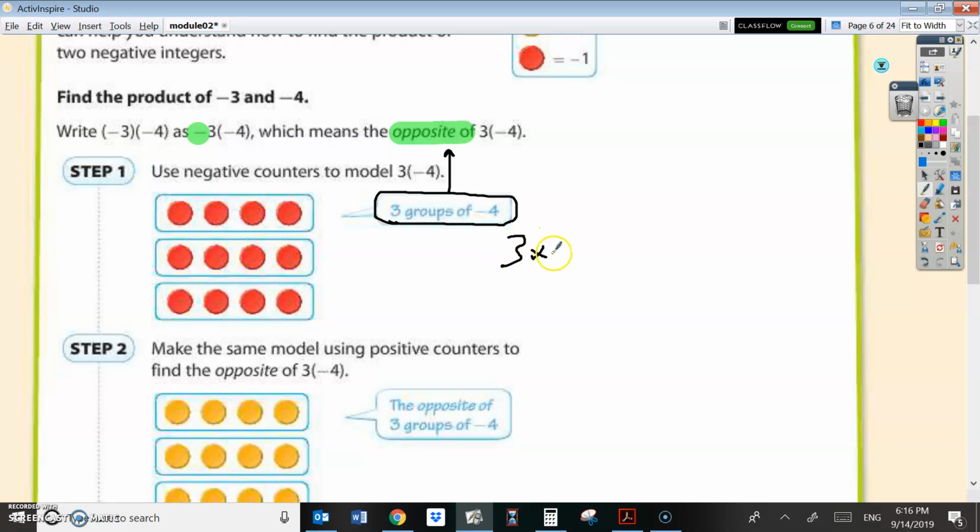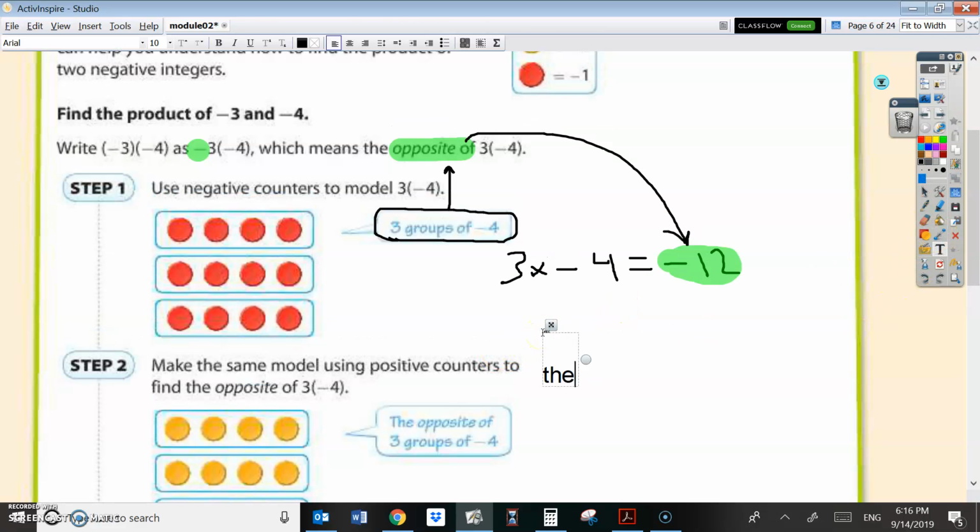3 times -4 equals -12. But remember, you want the opposite of -12, as we've said here. The opposite of -12 is 12.